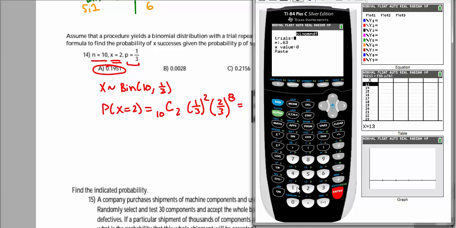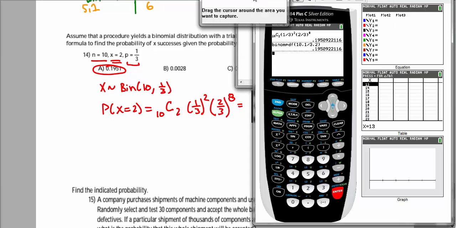and what we have here is 10 for my number of trials. Now my P is the probability of success. They told us over here that that was 1/3, so we'd go 1 divided by 3 here. And then the X value that we're looking for is 2. So we'd hit paste, and it's calculating for us, and we get the same value.